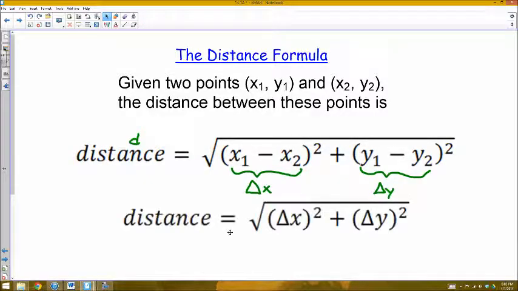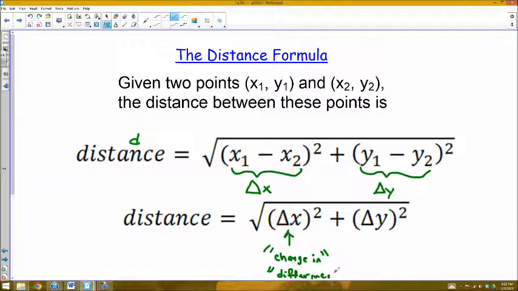So that a simpler version of our distance formula is the difference in x's squared plus the difference in y's squared. Now this difference is sometimes also referred to as the change in x, or difference. So the difference in something is just how much it has changed. So let's see how we can use this in an example.